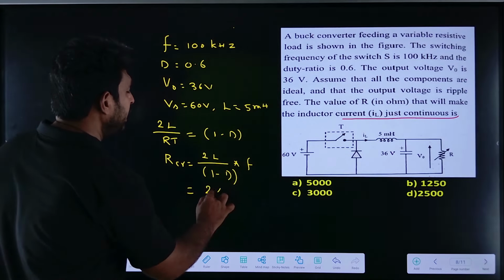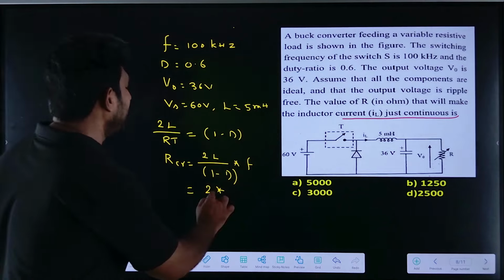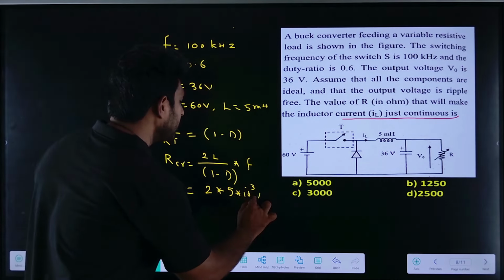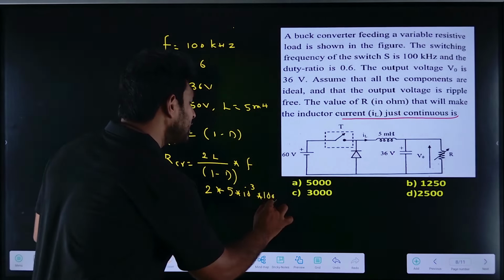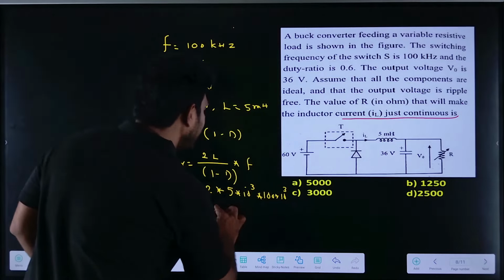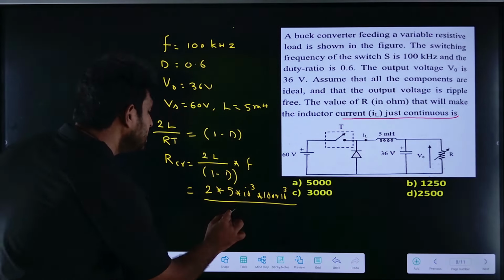So here, 2 into L, where L is given as 5 millihenry, 5 into 10 power minus 3. Frequency is given as 100K, 100 into 10 cube, divided by 1 minus D. 1 minus 0.6 is 0.4.